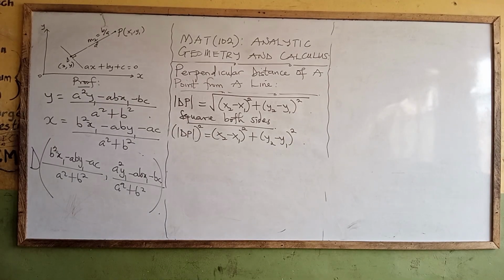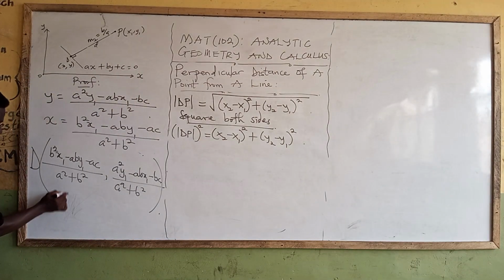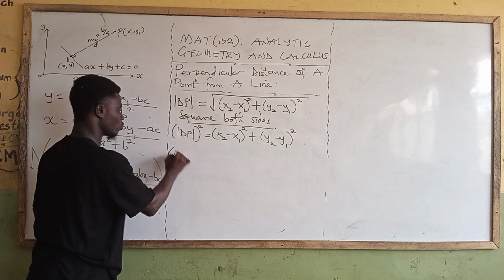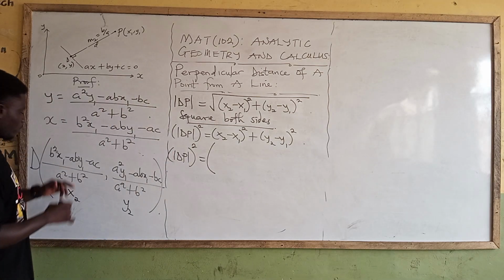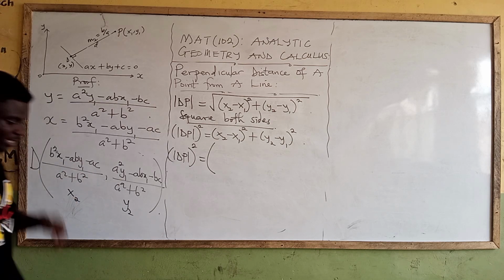Alright, so let's see. We have our x1, y1, so this one will be our x2, y2. So we substitute that into our formula. So we have our x2, which is b squared x1 minus aby1 minus ac all over a squared plus b squared.